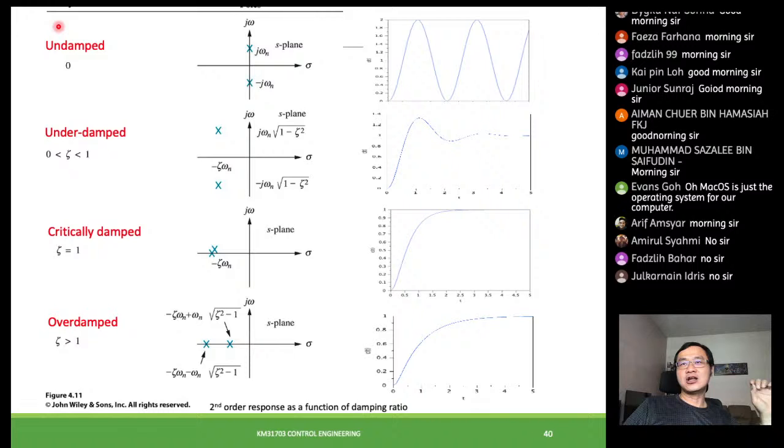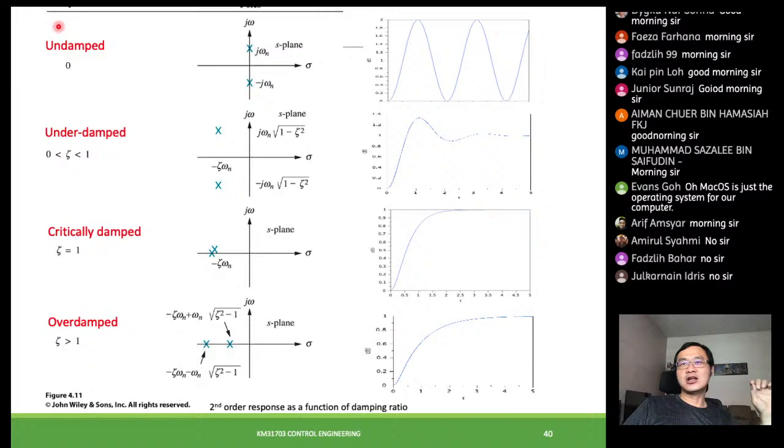We would want to know all these things, so we start by using a second order underdamped system to check how it would look.